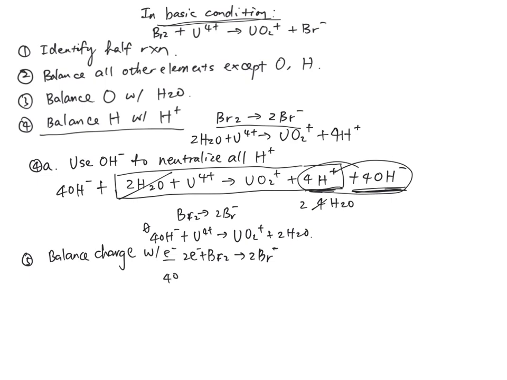So 4 hydroxide plus U4 plus producing UO2 plus, 2 water, and 1 electron. So on the left side, it's 4 negative, 4 positive, 0. On the right side, it's +1 and -1, 0. So now you have 2 completely balanced half reactions. Now, step number 6, same.